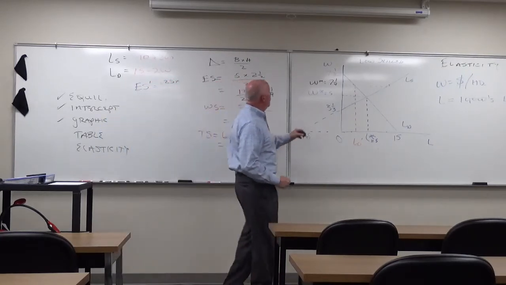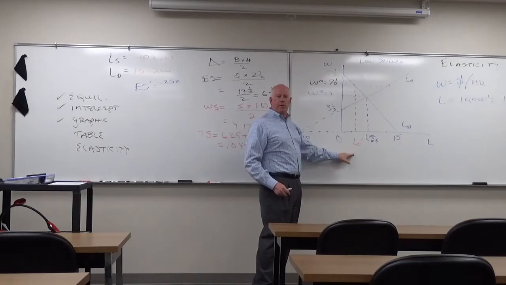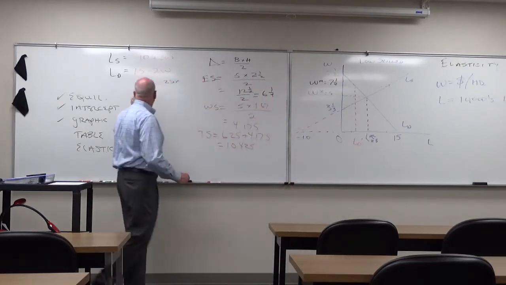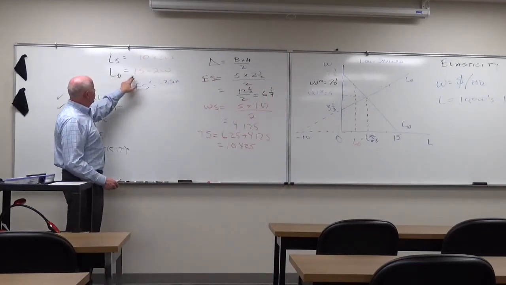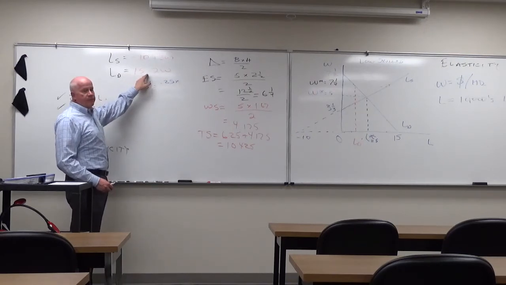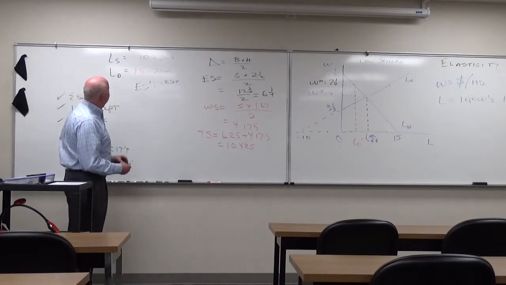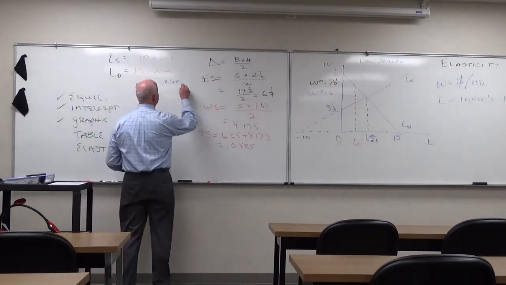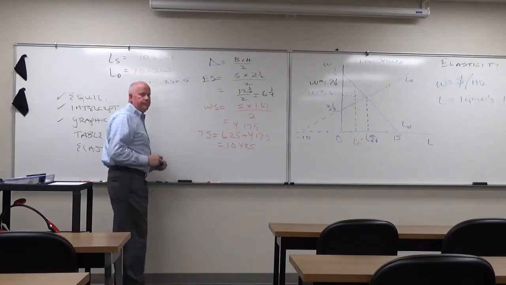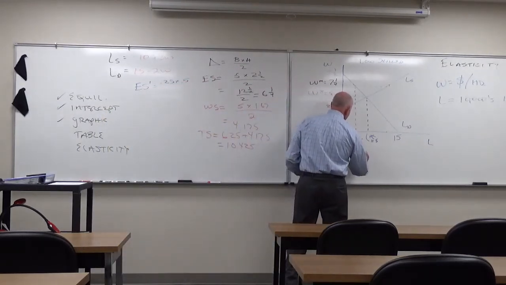Well, I know that if I have a wage at 7.25, I can find its corresponding labor demand by putting it into the labor demand equation. So 15 minus 2 times 7.25, and 2 times 7.25 is 14.5. 15 minus 14.5 is 1/2. Okay, so this sits down here at 1/2.